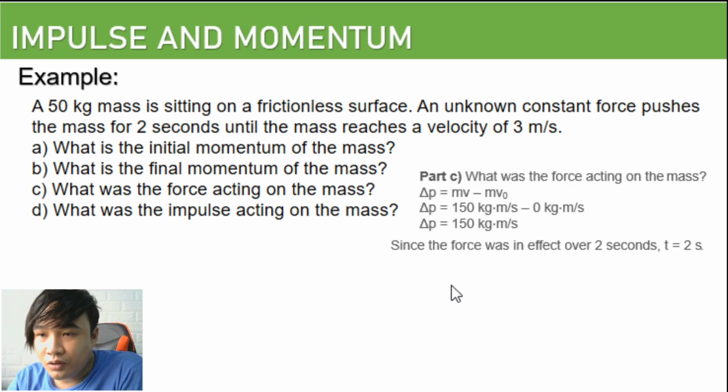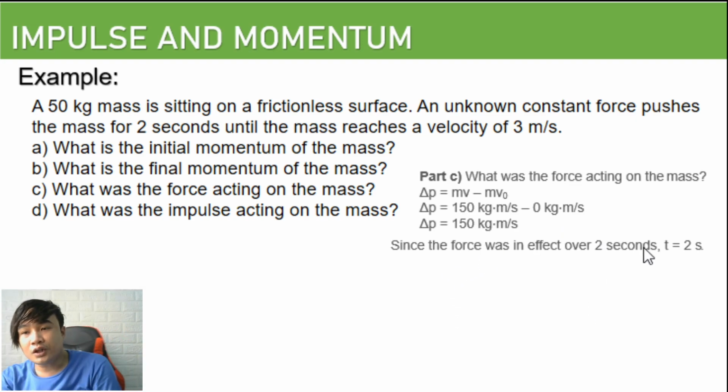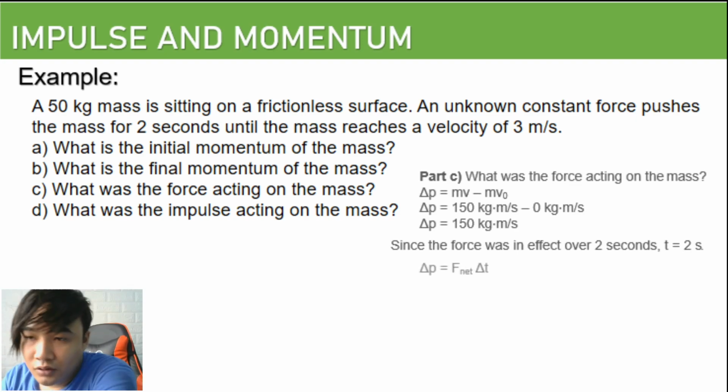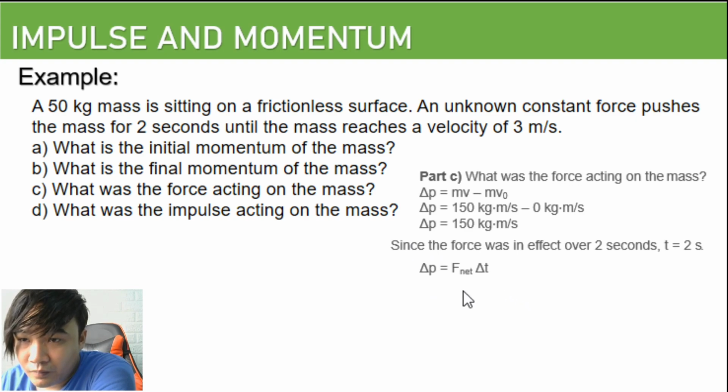So since the force was in effect over 2 seconds, so T is equal to 2 seconds. So yung formula natin ng impulse is equal to change in momentum is equal to average net external force acting on the body, then yung change in time. So yung change in time is 2 seconds minus 0 is equal to 2.